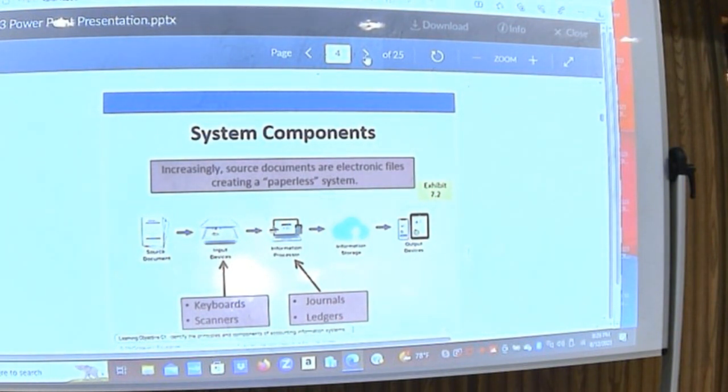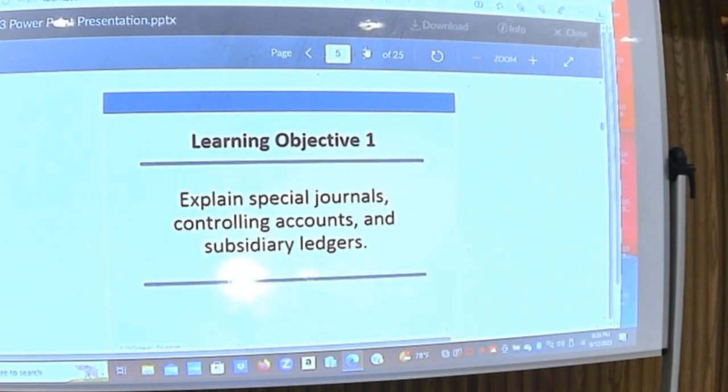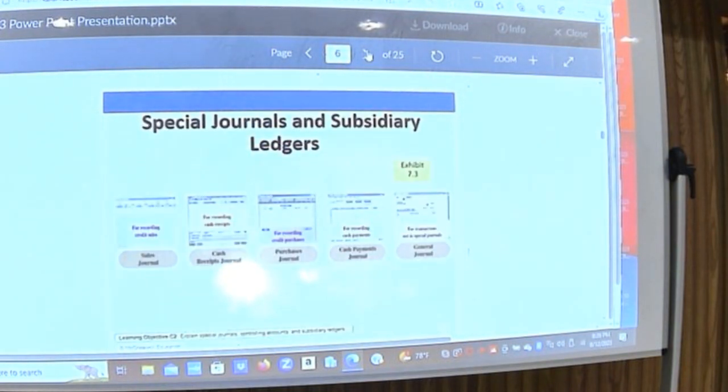That's kind of where we are right now. Everything is no paper, everything is electronic. I'm going to talk some about special journals, controlling accounts, and subsidiary ledgers, all important parts of your accounting system.